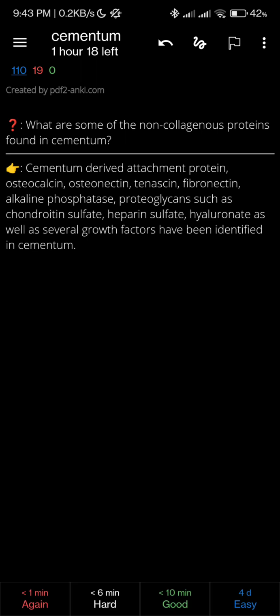We have cementum-derived attachment protein, then osteonectin, osteocalcin, fibronectin, tenascin, alkaline phosphatase, phosphoprotein, also proteins like hyaluronate, chondroitin sulfate, heparan sulfate, and some growth factors. Proteoglycan, hyaluronate.